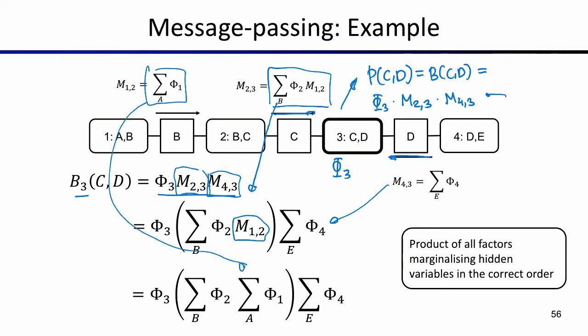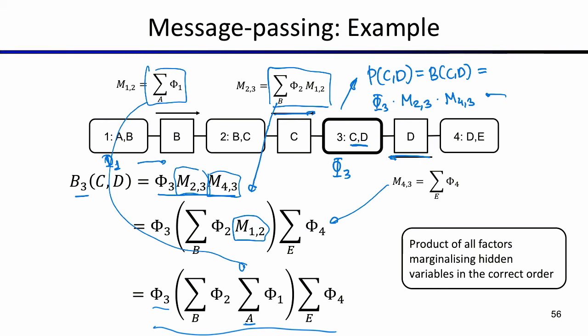So when we look at this final equation, we have the factors that mention variables C and D, that is this big phi3 here, and it's going to be multiplied by, first, the factor phi1. The phi1 was here, and when I send it to here, I eliminated the variable A. It's good about eliminating the variable A because none of the other factors mention this variable A. At the same time, I'm not interested in variable A because I'm answering queries regarding the marginal C and D. That's all good.